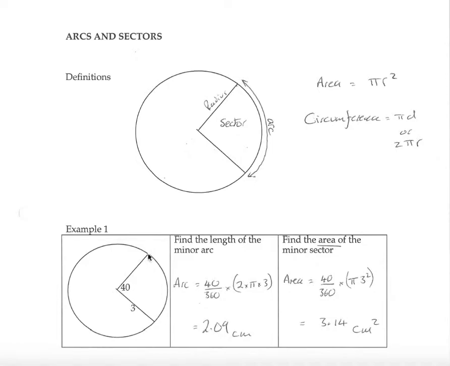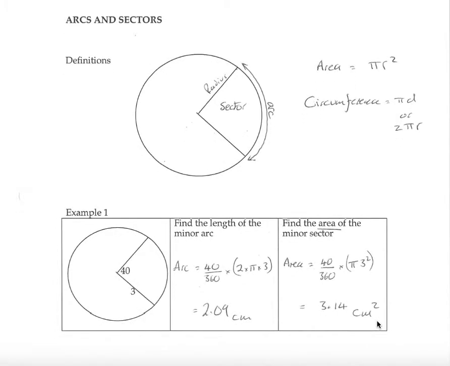So I would have that fraction of the whole circumference. So 40/360ths of 2 pi r. And the area would be that fraction of the whole area. So 40/360ths of pi r squared.